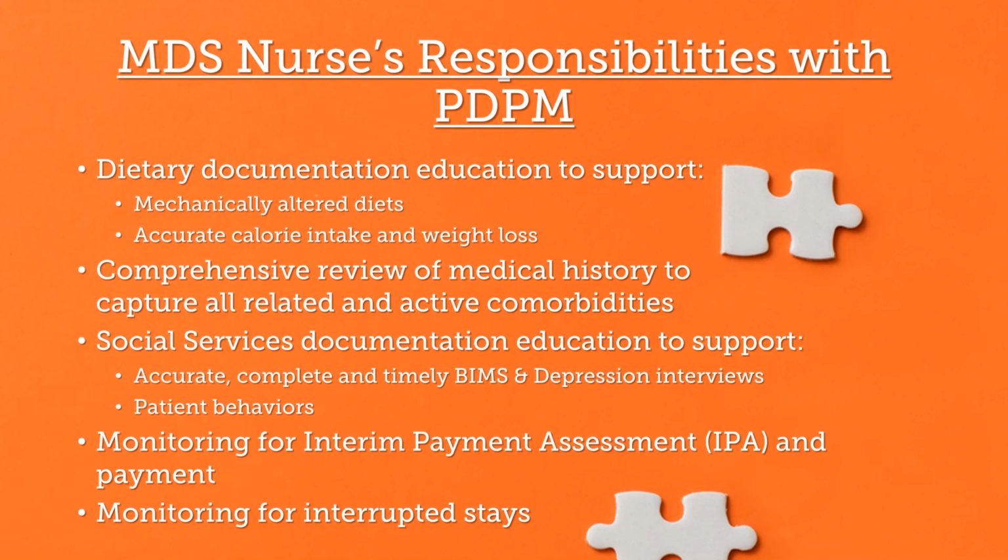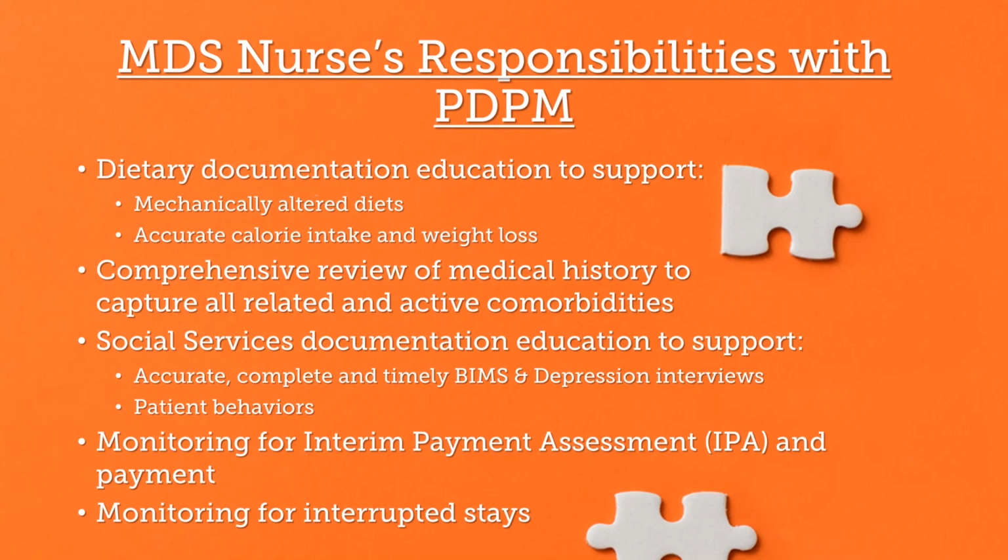When I think about the MDS nurse, we're also talking about the IPA, the interim payment assessment, that we will be looking at. So the IPA is basically an optional standalone assessment. CMS has been very clear that you don't have to do one, but it does authorize payment for the remainder of a PPS stay. So it does not affect the variable per diem rate.